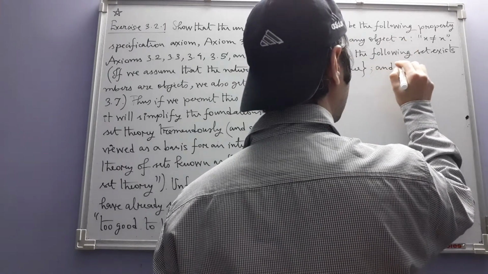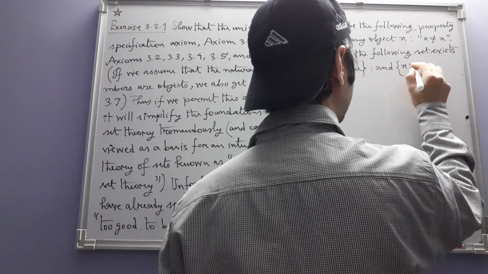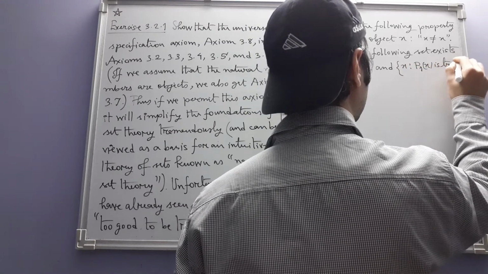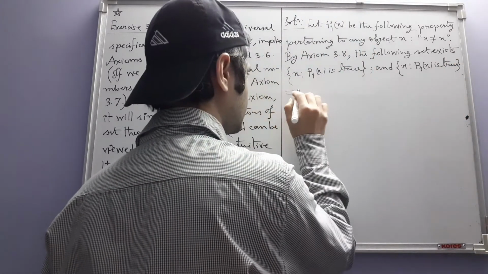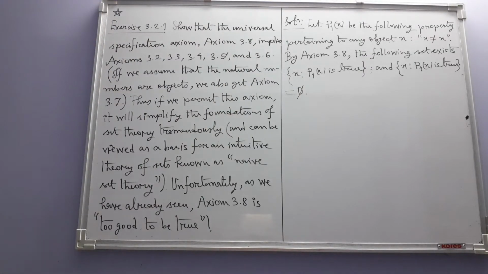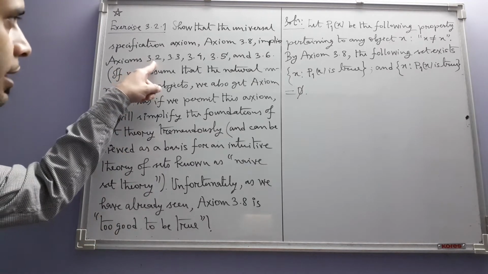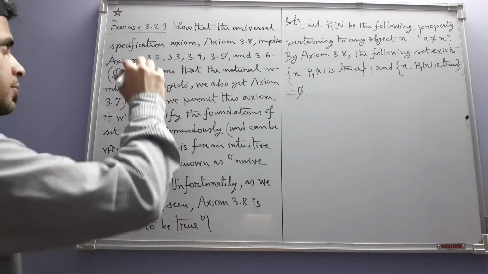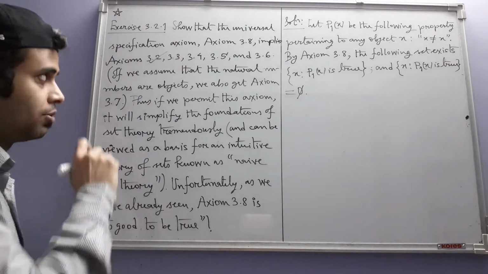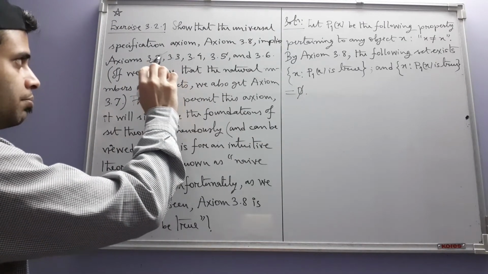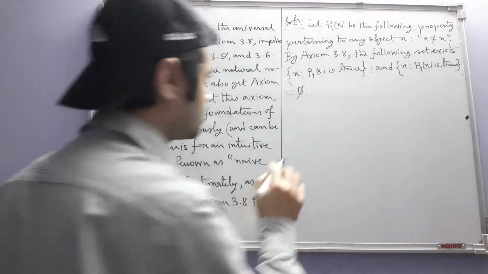And one can verify that this set is nothing but the empty set. So that's how the existence of an empty set follows from axiom 3.8, and that is nothing but axiom 3.2, which postulates that there exists an empty set. So this is over.